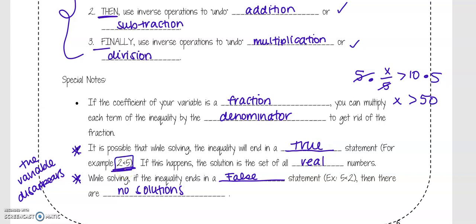That's true. My answer is all real numbers, because any x value would make this inequality true. If when we solve, we get a false statement, for example, 5 is less than 2, we know that's a false statement, then there are no solutions. If it's false, it's never possible.